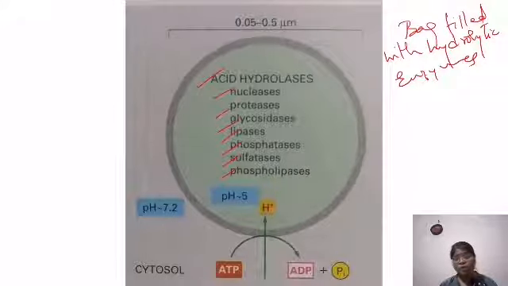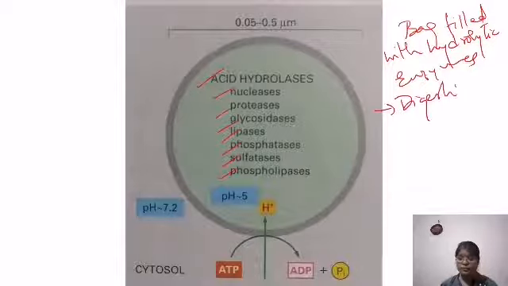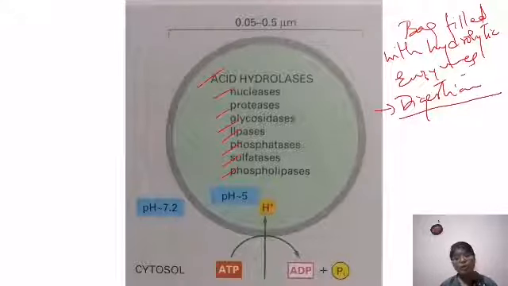They act on these molecules and have a major role in digestion. They digest various substances and molecules. And the pH is how much? It is 5.